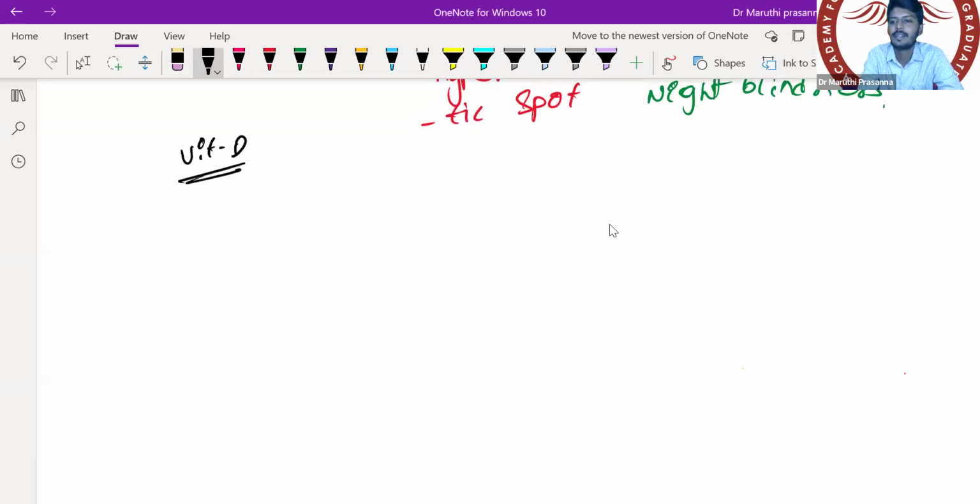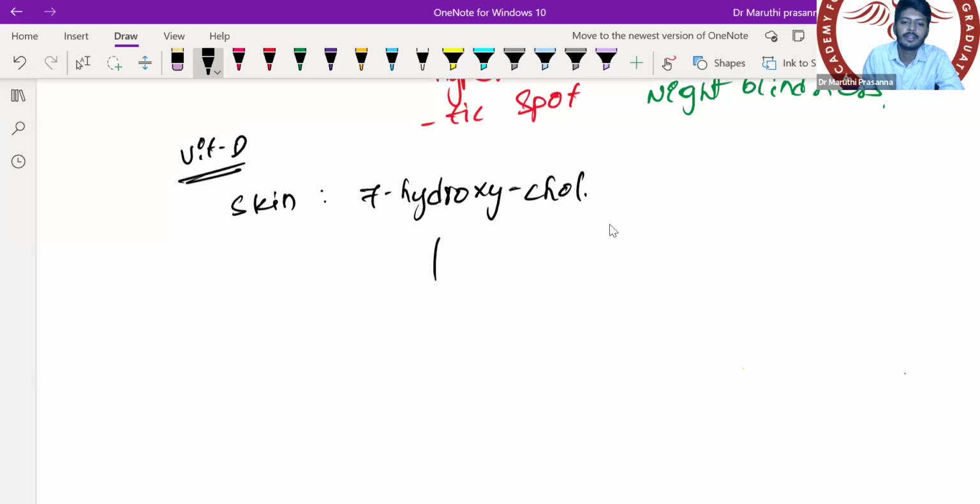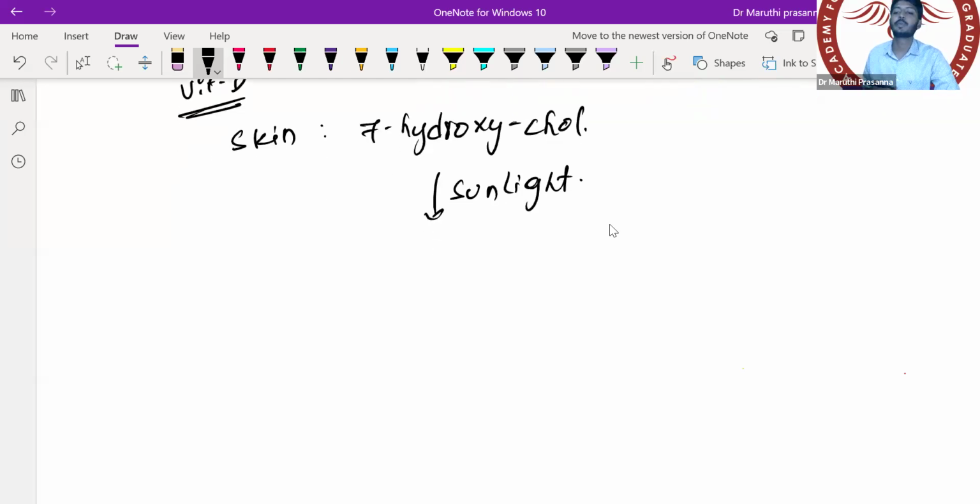Vitamin D. Vitamin D is synthesized from what? So in the skin, we have something called 7-dehydrocholesterol. So upon exposure to sunlight, what will it form? Yes, can anybody tell me?